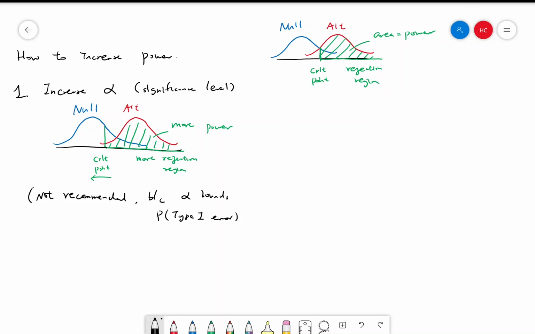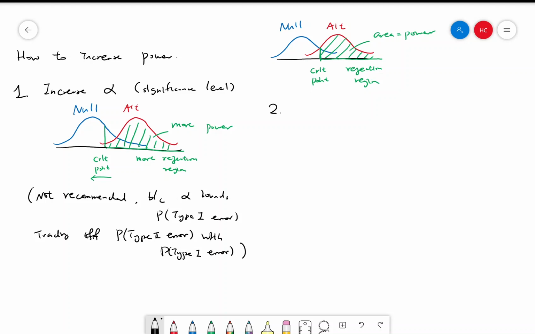So increasing alpha is not good because what we're doing is trading off type 2 error with type 1 error. So it's not really recommended. All right, so that's one way.